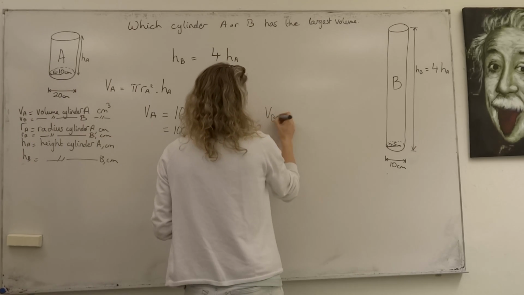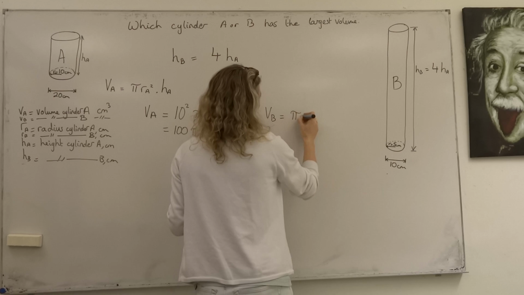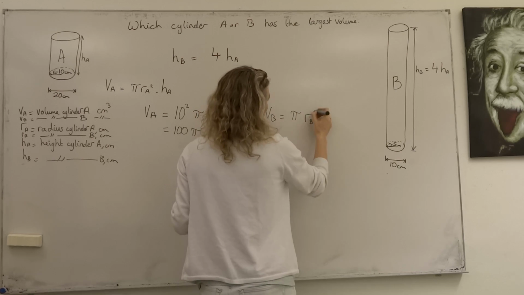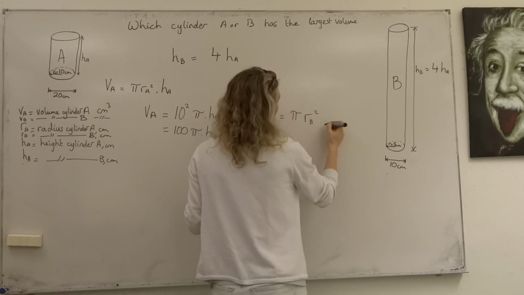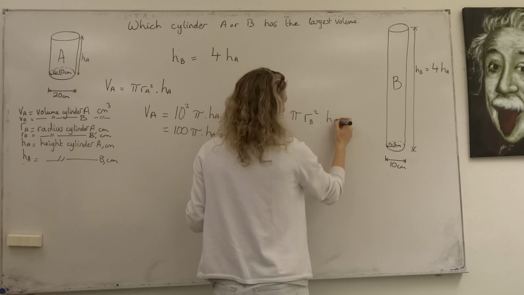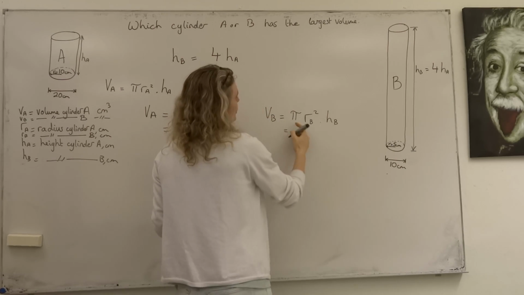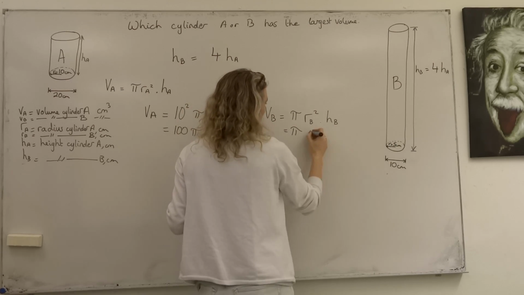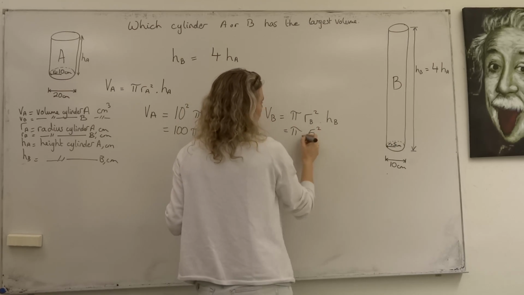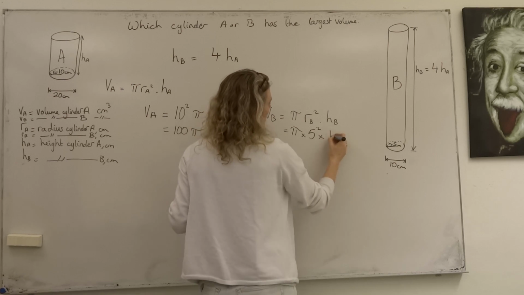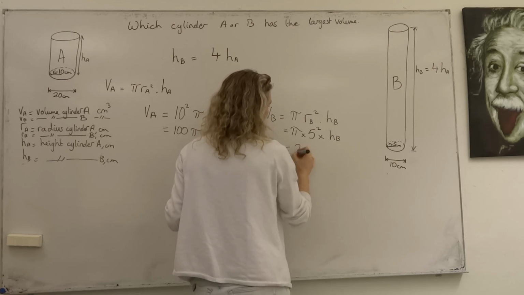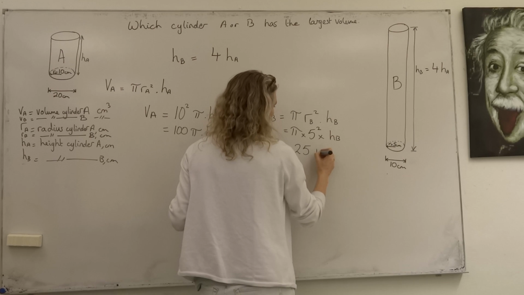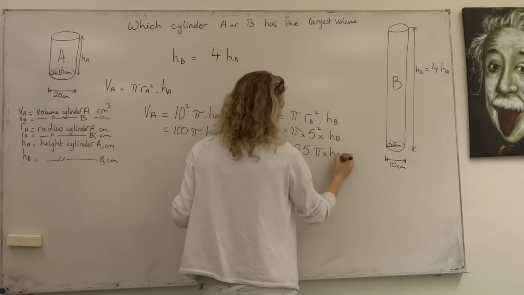Well, the volume of cylinder B is going to be pi times the radius of B squared multiplied by the height of B. We know the radius is 5, so the radius squared is 5 squared, times HB, which is going to be 25 times pi times HB.